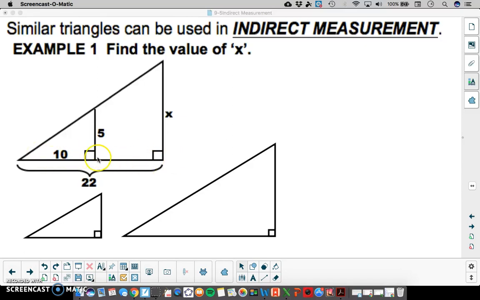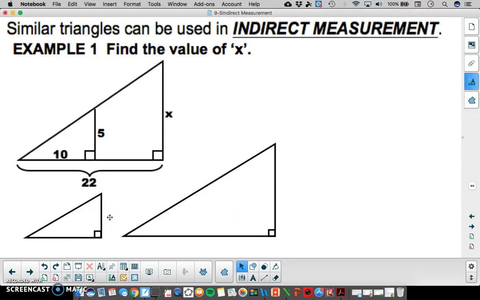The right angles are another set of angles that are congruent, therefore these triangles are similar. What we can do is separate the triangles, and it makes it a little easier to see what pieces are proportional. So I've separated the two triangles here, and we're going to put the lengths on each one of those triangles. So I have 5 and 10 and x and 22.